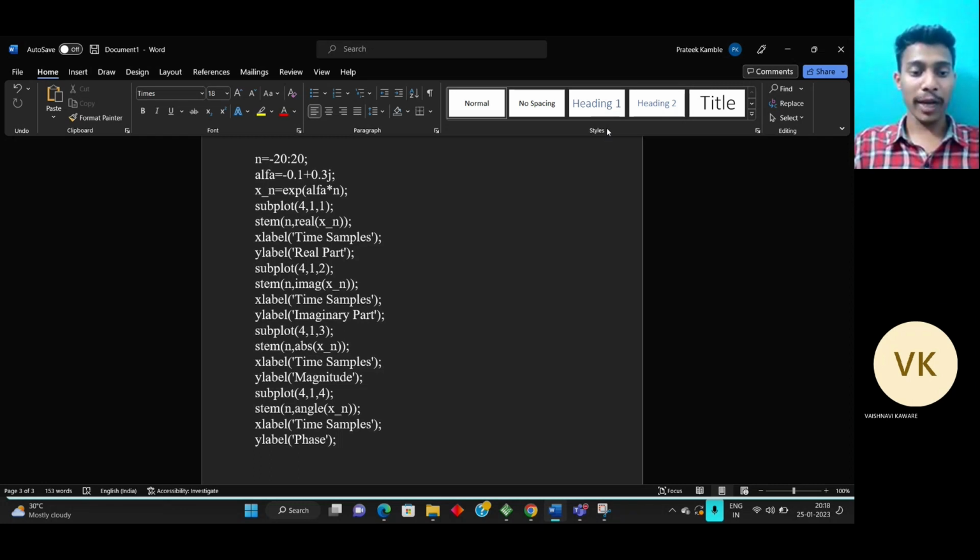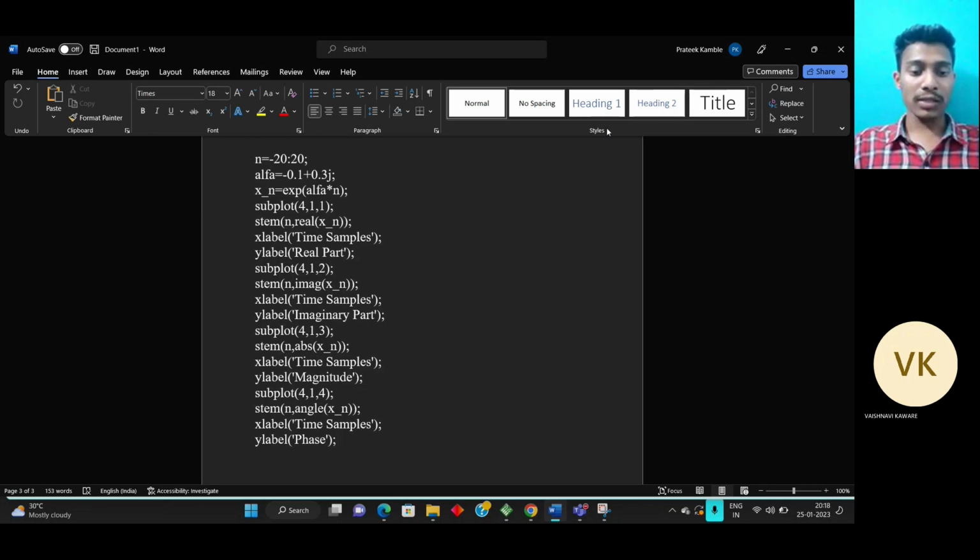Now we have to plot the magnitude spectrum, so we will use subplot 4, 1, 3 as the third graph, and we will use the command stem n comma absolute part of the exponential signal, that is abs of exponential signal, and X label will be the time samples and Y label will be the magnitude.